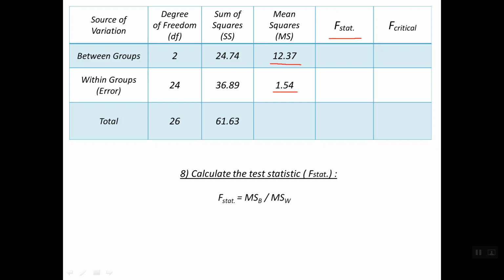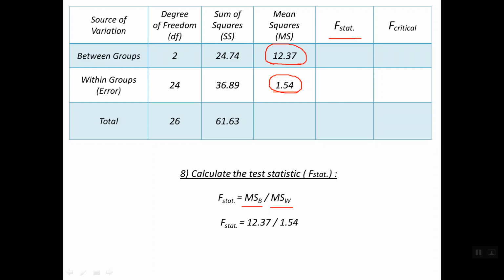The formula states that the value of the statistic F is equal to the mean square between groups divided by the mean square within groups, which means simply dividing this value, which is the mean square between groups, by this value, which is the mean square within groups, or the mean square of the error.